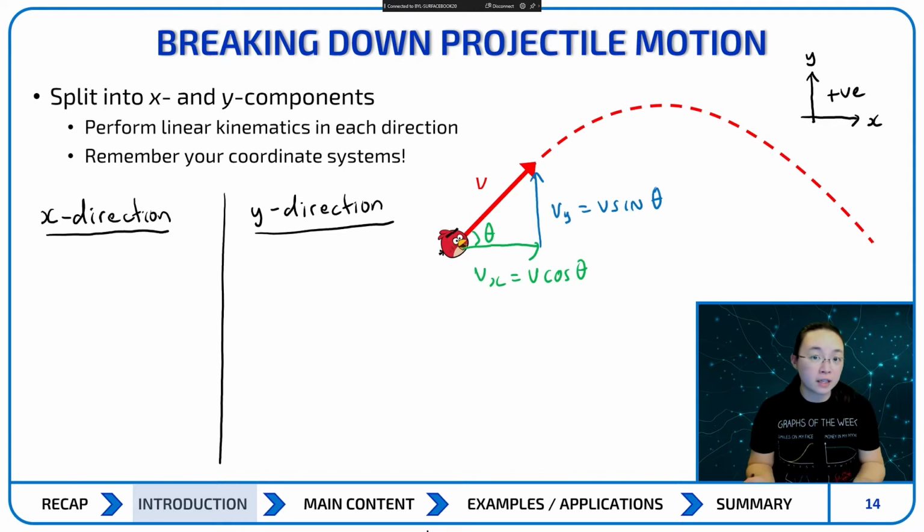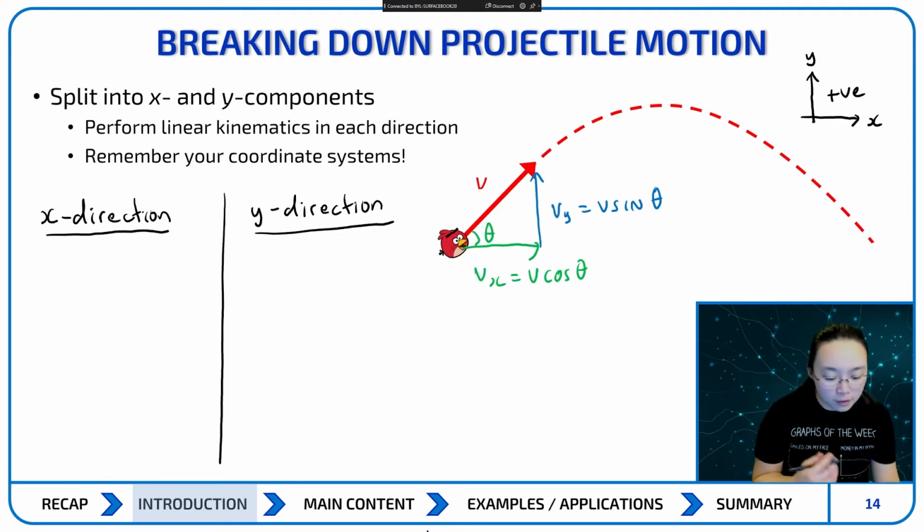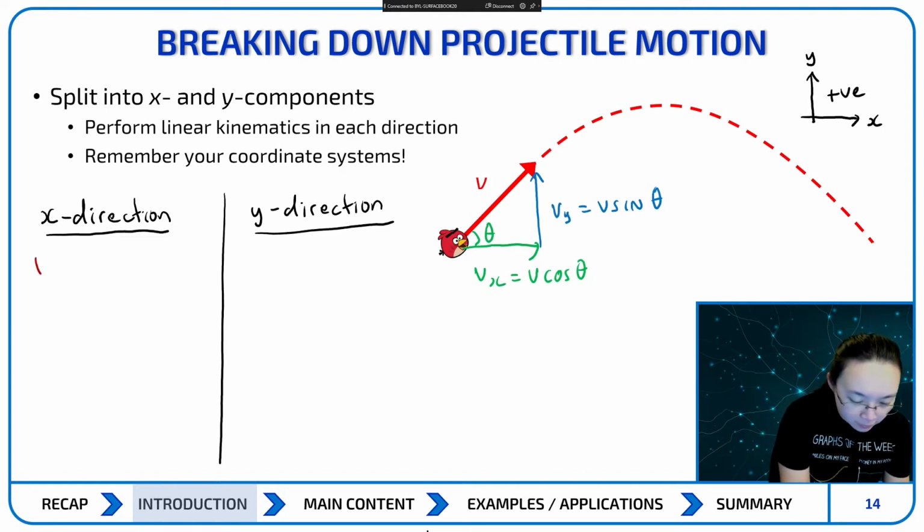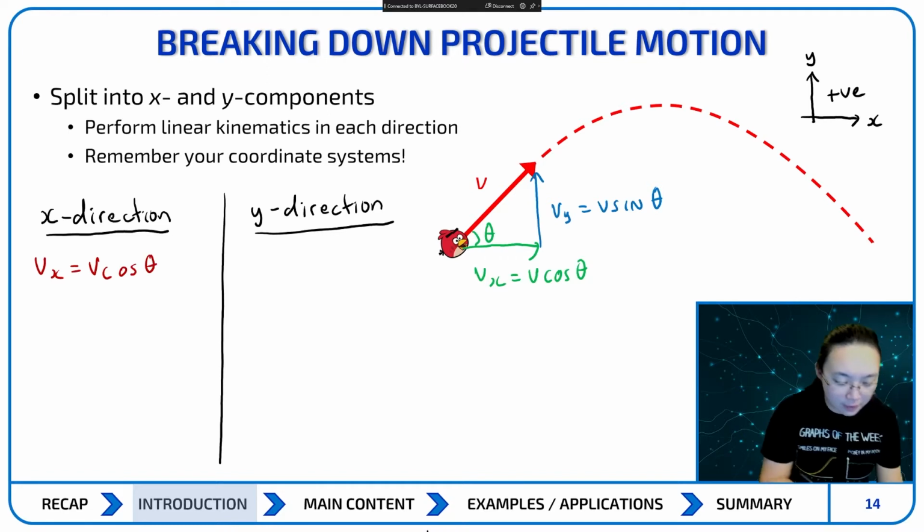And then we apply the kinematics equations to each coordinate system. In the x direction, I know that I have Vx equals V cos theta.